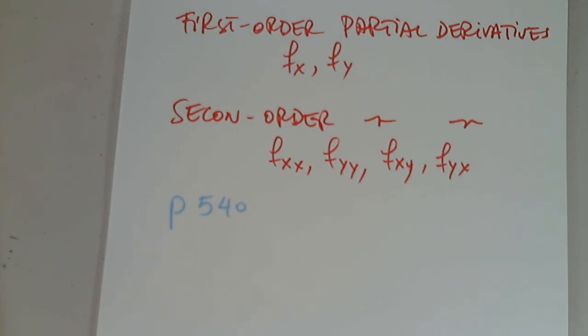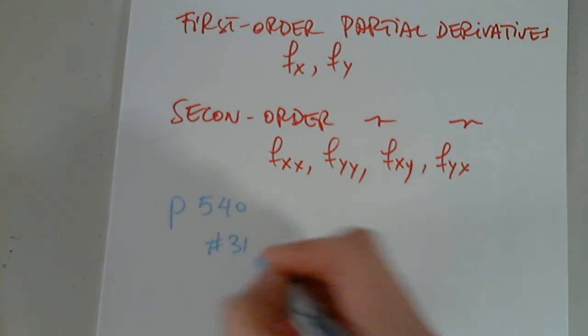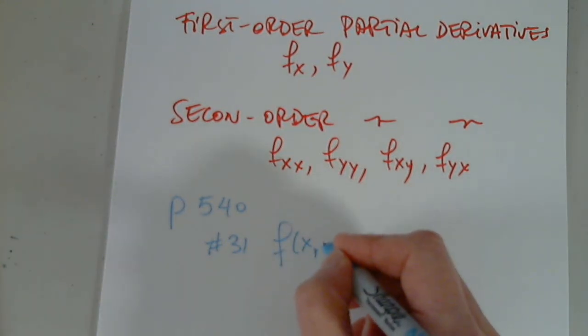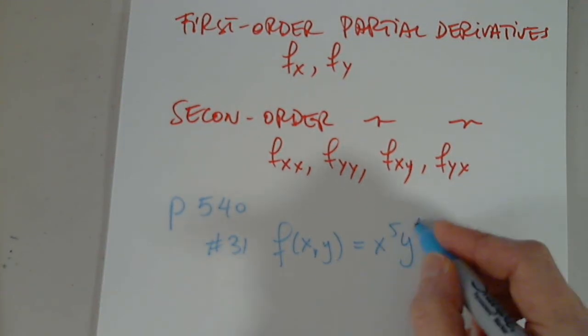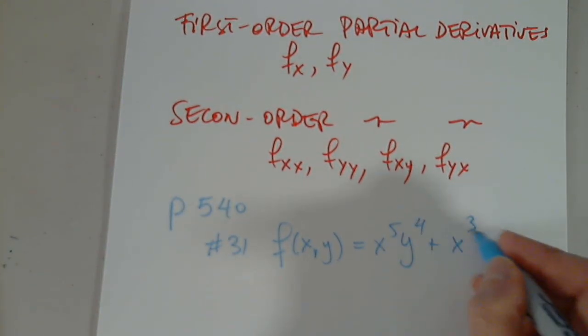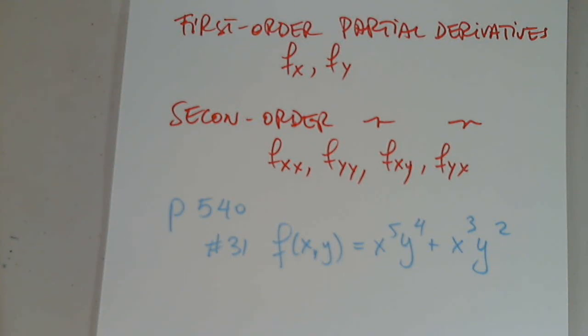Okay, well, I am going to pick 31. So f of x comma y is x to the 5th, y to the 4th, plus x to the 3rd, y squared. We're asked to determine all 4 second order partial derivatives: fxx, fyy, fxy, fyx. And then move on to something else.